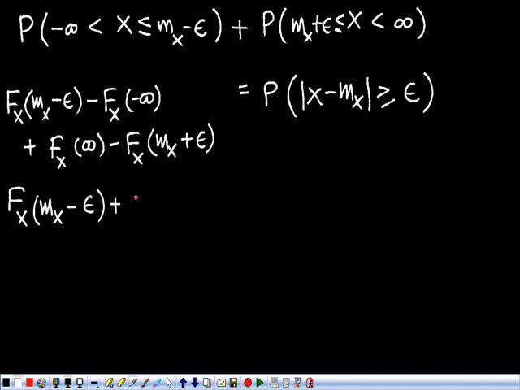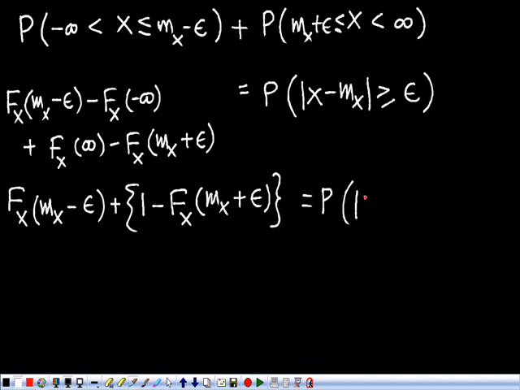Therefore I can write it as 1 minus fx of mx plus epsilon, which is equivalent to probability of mod x minus mx greater than or equivalent to epsilon.